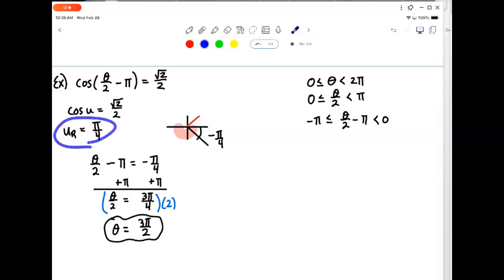Find my reference angle and then put it where it needs to be in the quadrants that are allowed by my new range. This time it's less than a full turn. In fact, the full turn's out. It has to actually go backwards. And then once we find all the values that work, we set our angle equal to that to solve for them. So that is our process there.